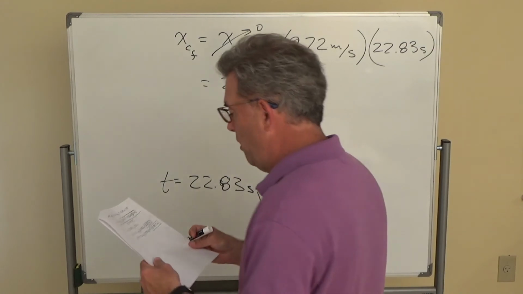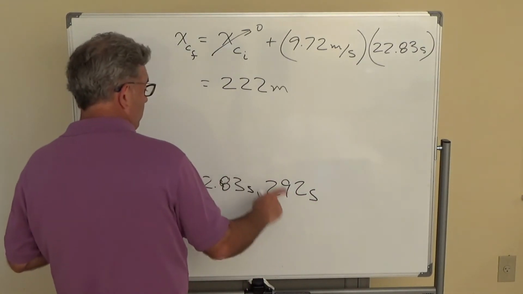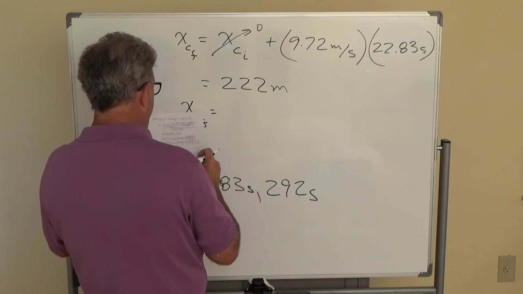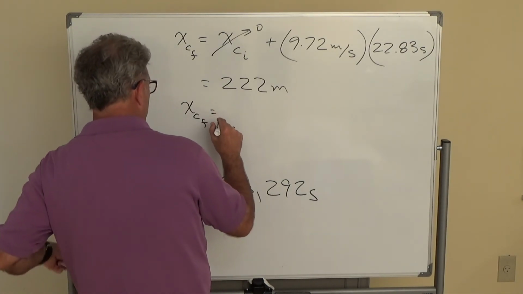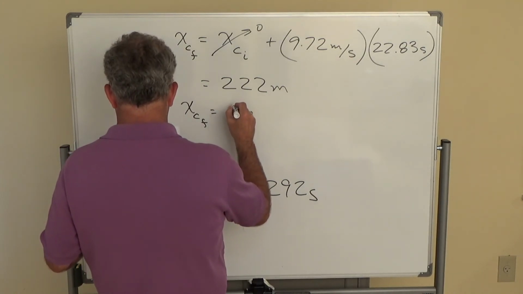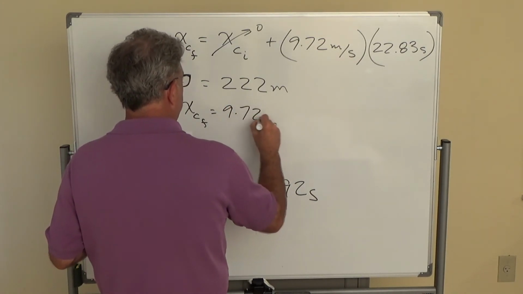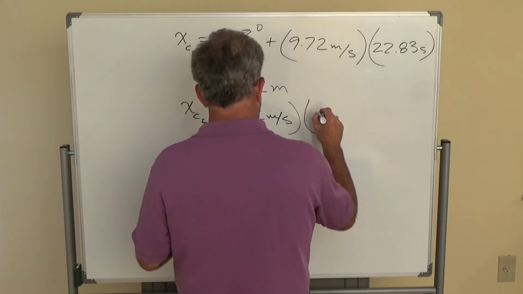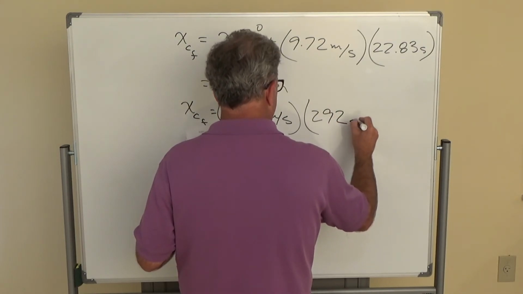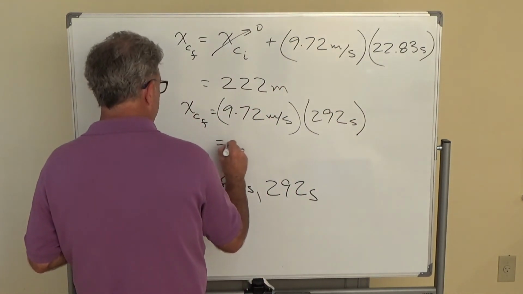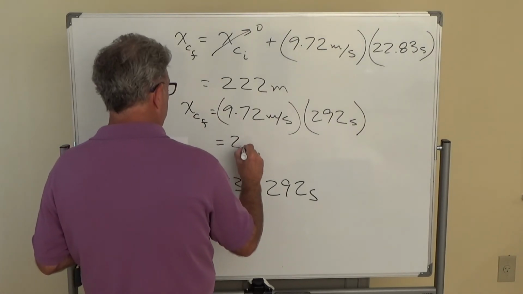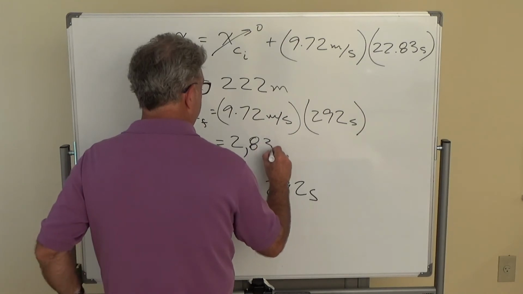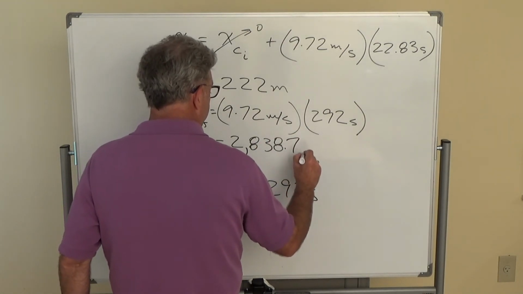And just if you're curious, using this time, X car final is way down at, this is for the second time, 9.72 meters per second, multiplied by 292 seconds, and this is equal to 2,838.7 meters.